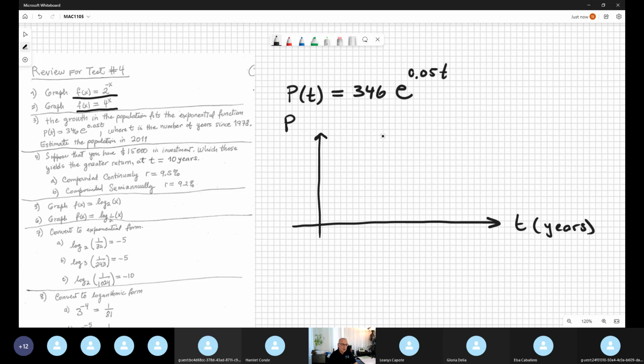Population of the, I don't know, population. And the formula of the exponential growth, you know that this is P null e to the KT.